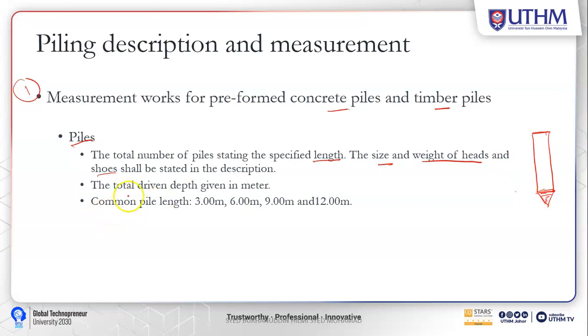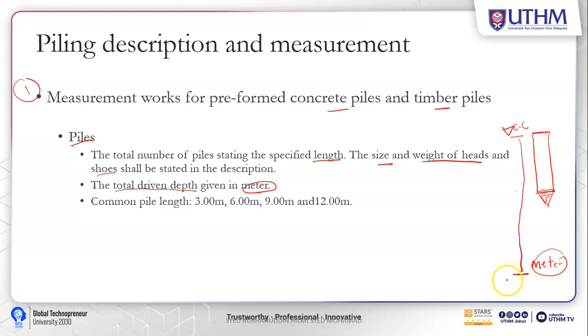And then you, as the civil engineers, will always give the total driving depth, given in meters. So everything is in meters. So where is our end bearing or the friction of the pile system? What is the total driving length in meters? How many meters? From the ground level to the underneath of the ground.